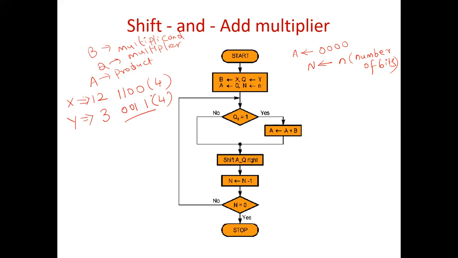Before performing the shift and add multiplication, I have to equalize my x and y, because a maximum of 2 bits is enough to represent 3, that is 11, but the multiplicand has 4 bits. That's why I am appending 2 zeros.